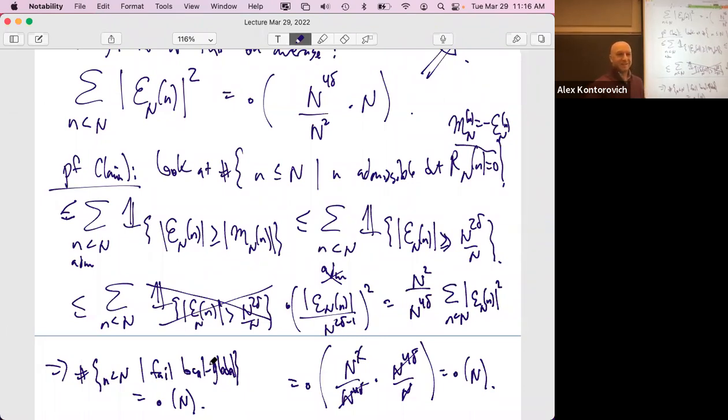In a density sense. This doesn't prove that they're finite. That's right. This proves that the exceptions are sparse. The proportion of them up to N is 0%, asymptotically.